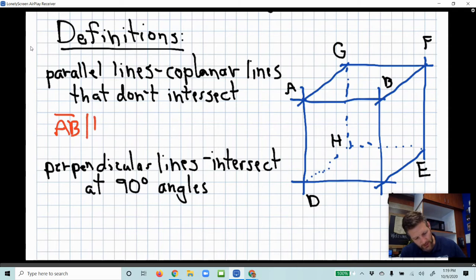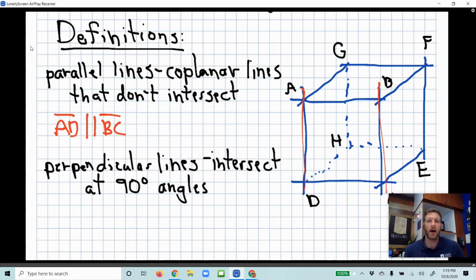We just put two vertical lines like that. Okay, so that means line AB is, and actually I've written this wrong. It's line AD is parallel to line BC. Okay, so again, that would be this line and that line.